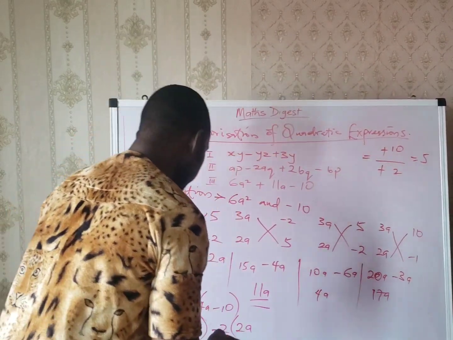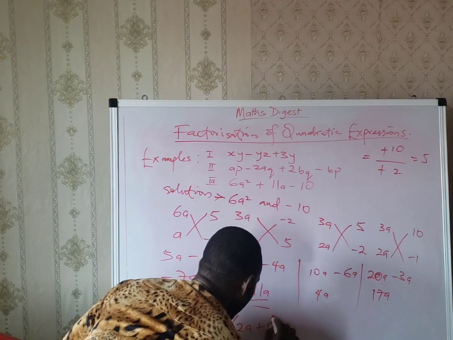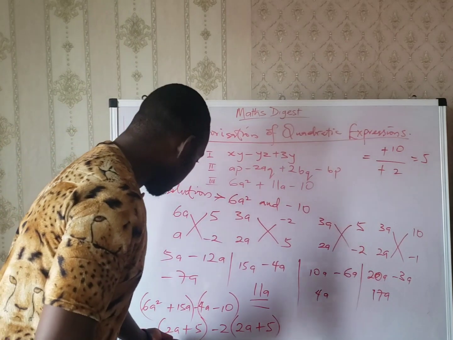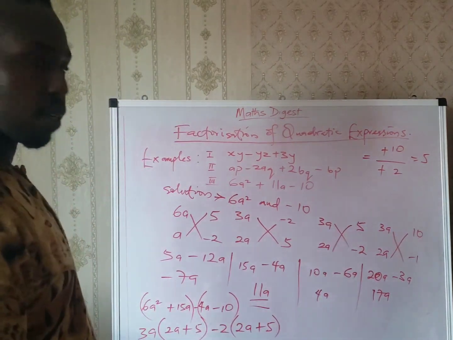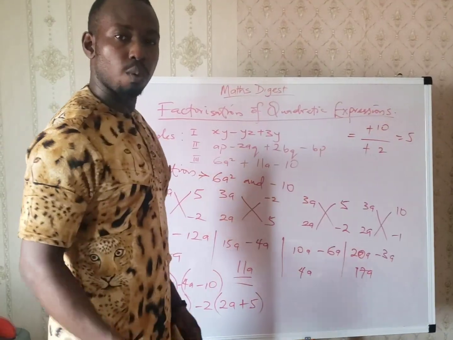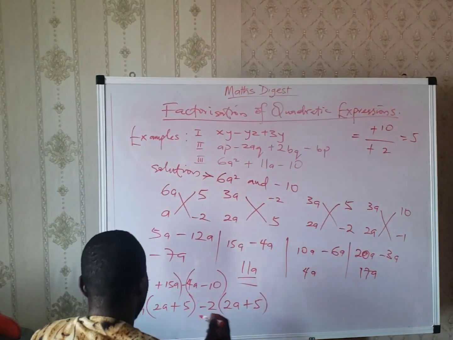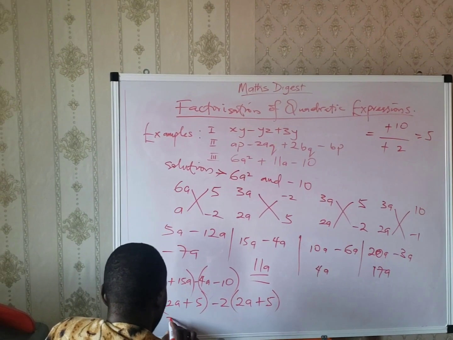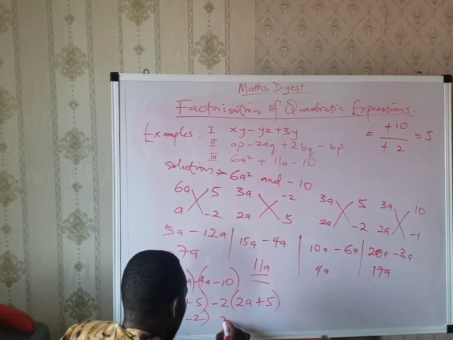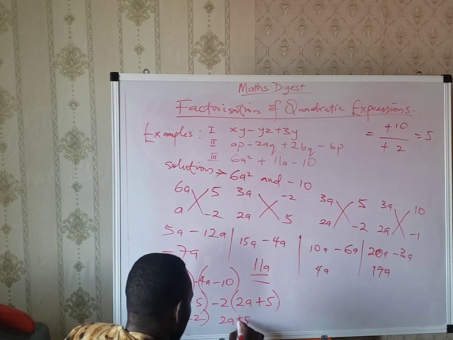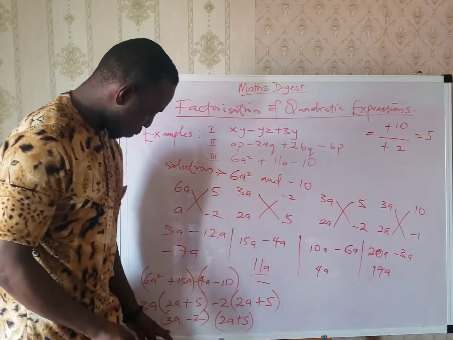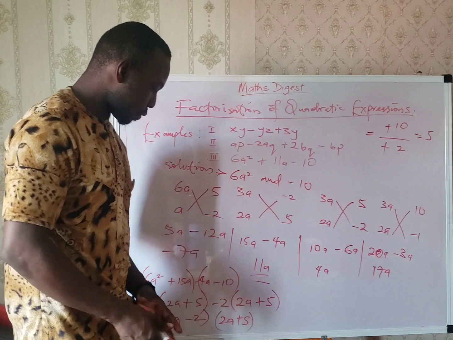So we have positive 5 here, plus 5. Now if you look at this expression, you see that this and this are the same thing. So we can quickly say 3a minus 2 in brackets, 2a plus 5 in brackets.